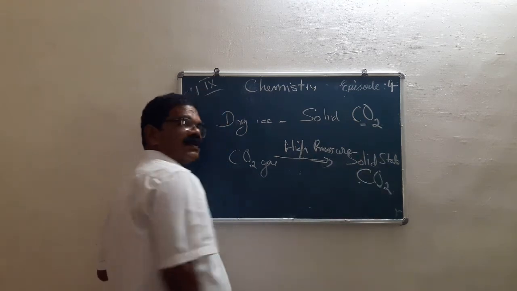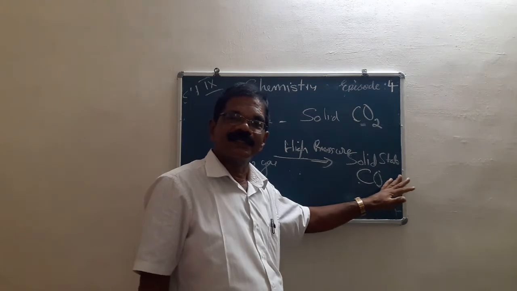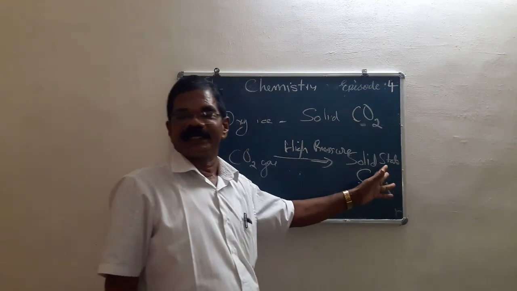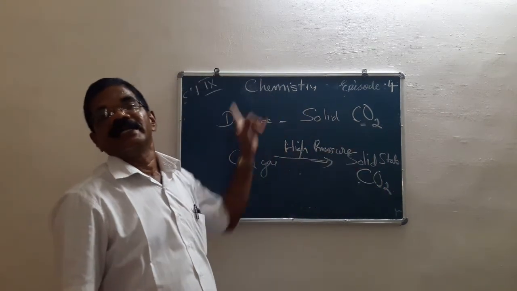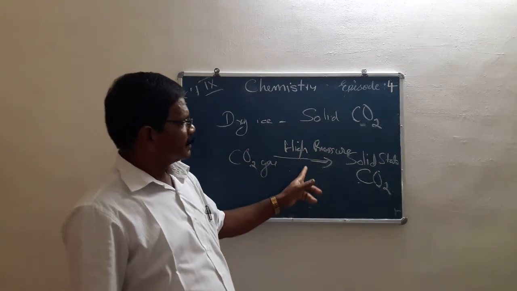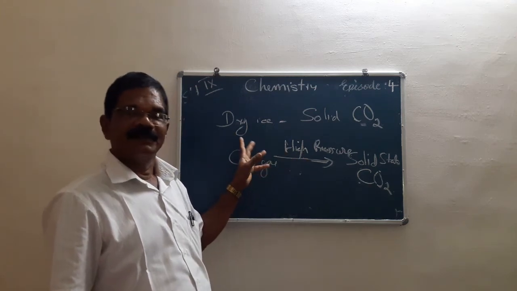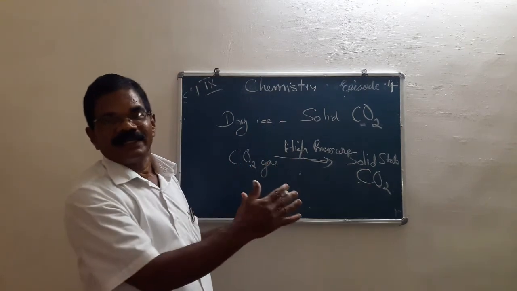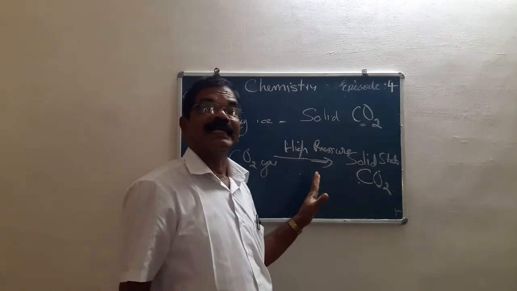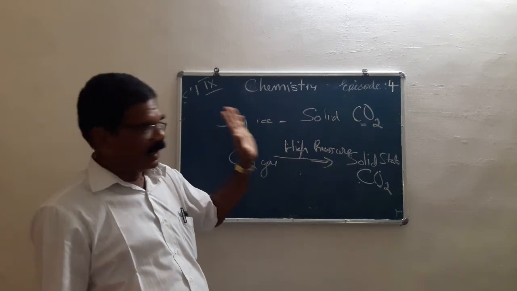Gaseous to solid. When we release pressure, what happens? The solid carbon dioxide directly goes to gaseous carbon dioxide. It also does not go through the liquid state. So it is called dry ice because it does not form the liquid state.